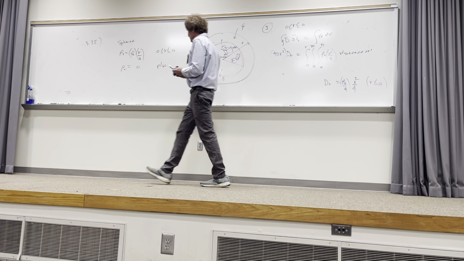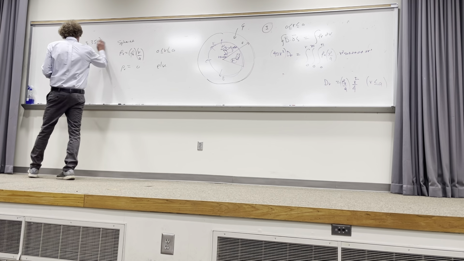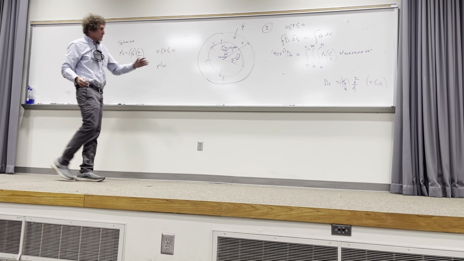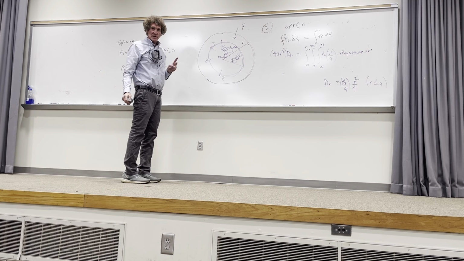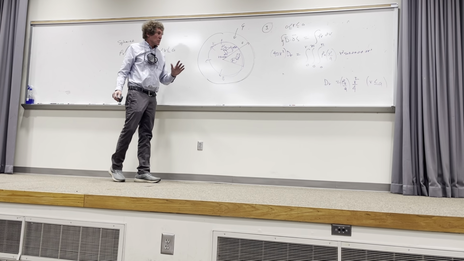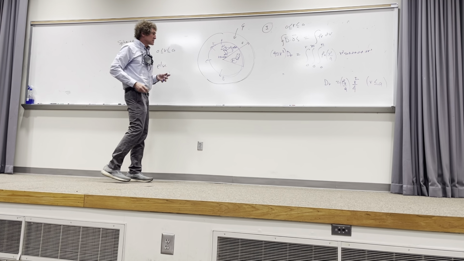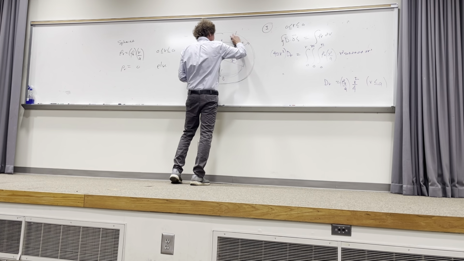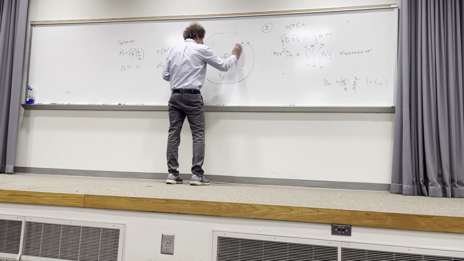Now we're not done with this problem, because now we have to go outside. We have to go for r greater than a, don't we? Isn't that the second part? Here's the one thing I want you to realize. When we have a Gaussian surface, I want you to see this. Now we're going to be outside here.